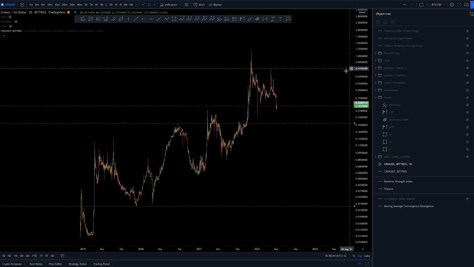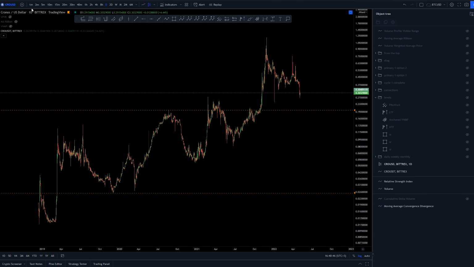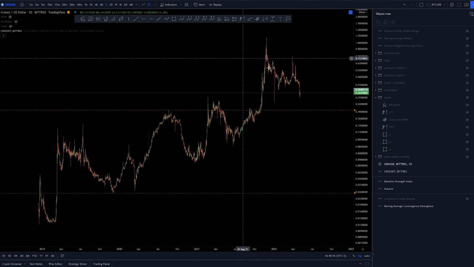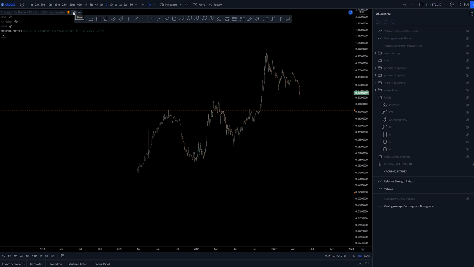Even just on the USD, as this is the USD pair, we can see structural differences between the USDT versus the USD. You can see all these wicks up here, they're not present in other exchanges against the USD.